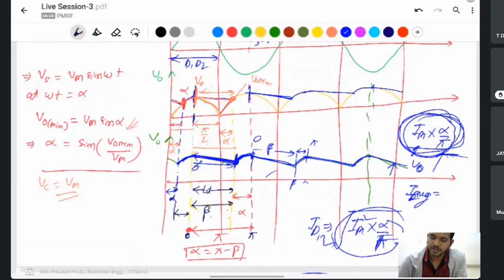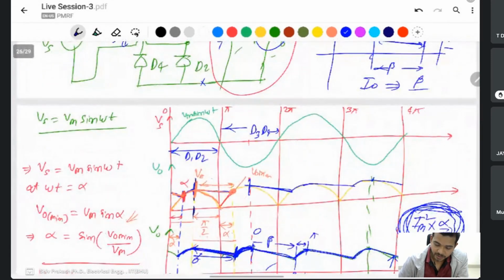Sir, the average is now Im alpha upon pi. What is the RMS? If you take RMS, then take the square of this one. Sorry, I think this one is not pi. For a single diode, this one is connected to a diode, this one to another diode.